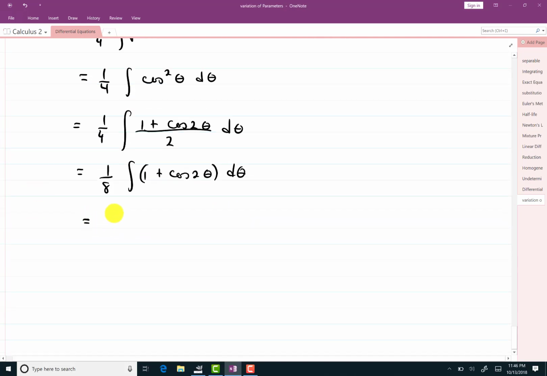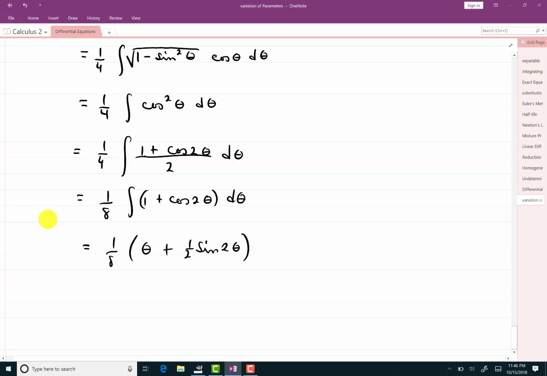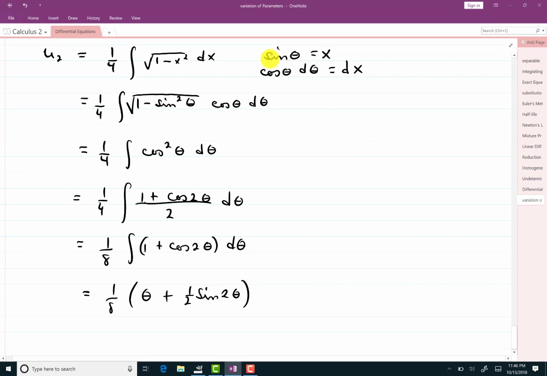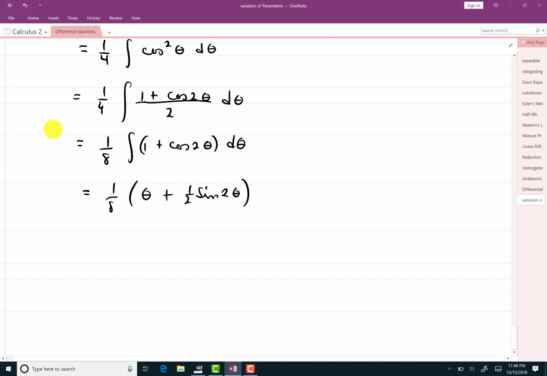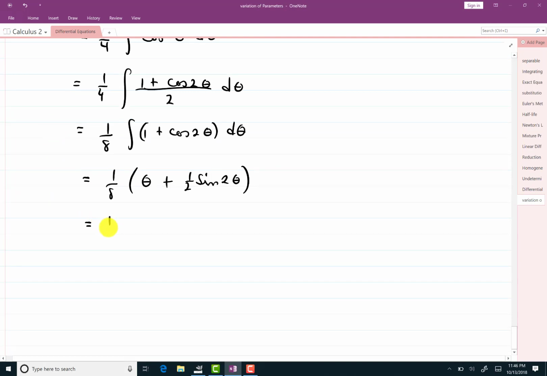And that will be 1/8 theta plus 1/2 sine of 2 theta. And now I'm ready to put my theta back. If you recall, sine of theta was equal to x, so theta equals arc sine of x. So I get 1/8 arc sine of x.